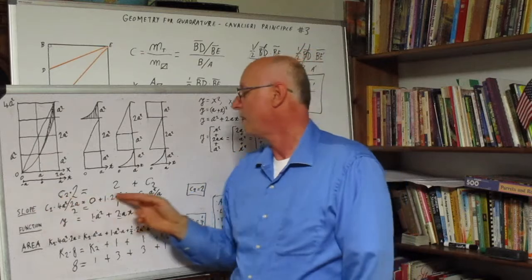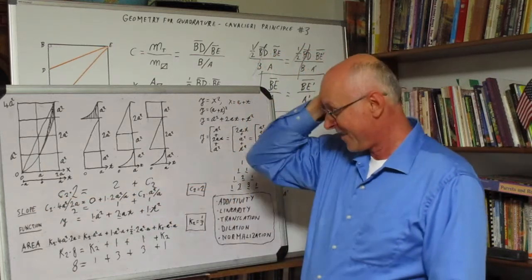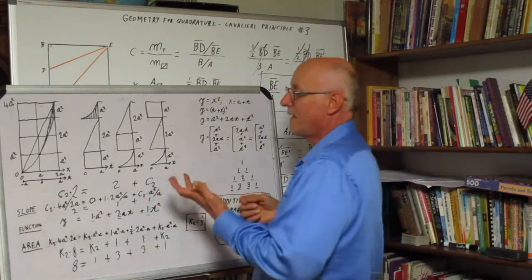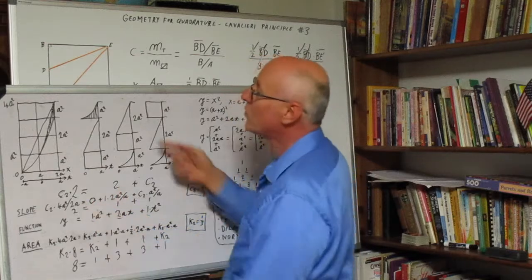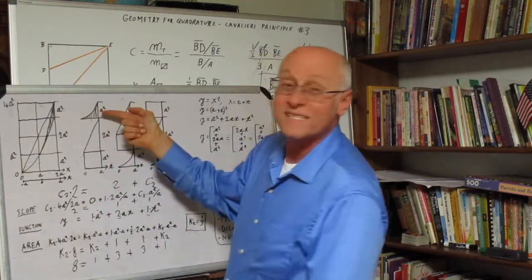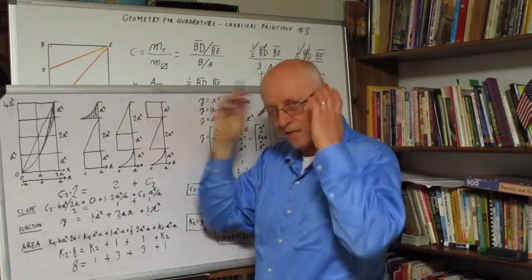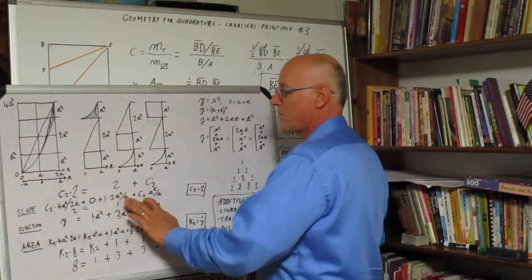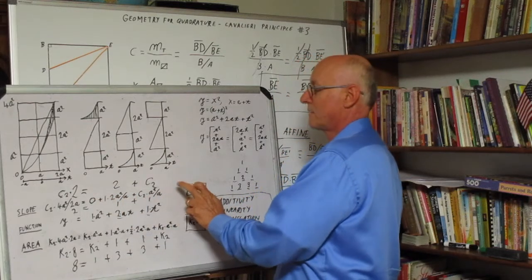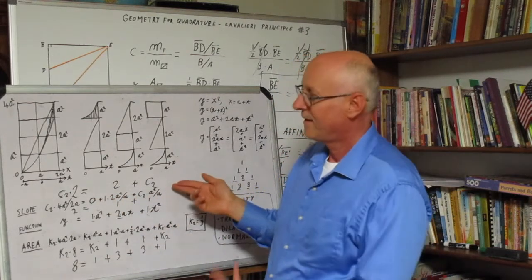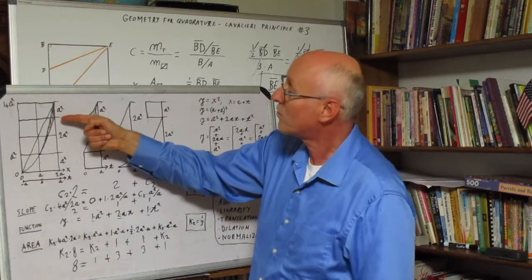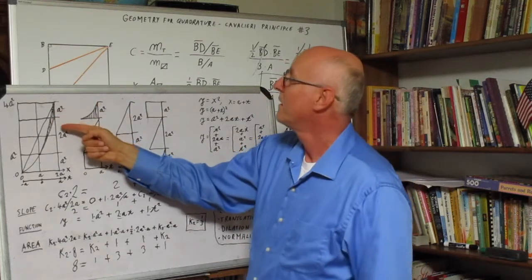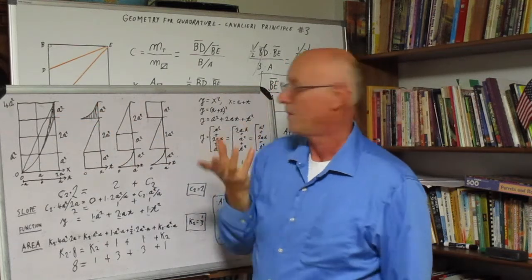But this equation right here, the slope equation, is what got me thinking that this is true here as well as here. Okay, think about it. This equation wouldn't work otherwise. It works here. It's true for this case here. It's indistinguishable.